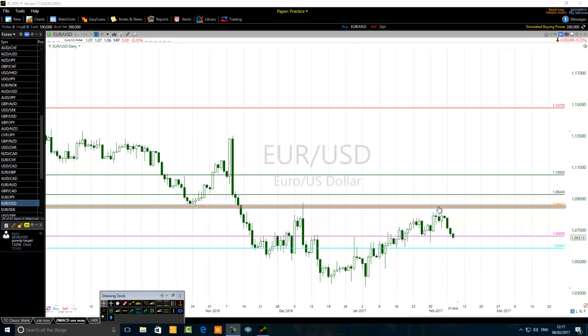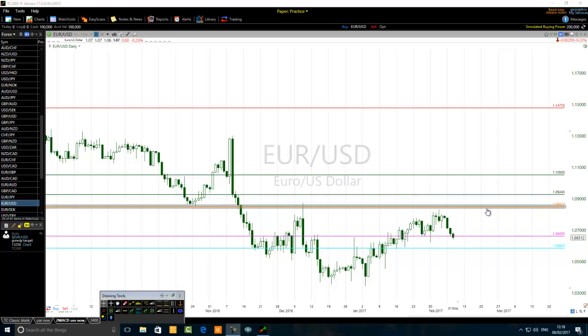Right now, the price is below the long-term equilibrium price level, which means we will be giving priority to bearish signals below that level, until the price finds a valid support level.